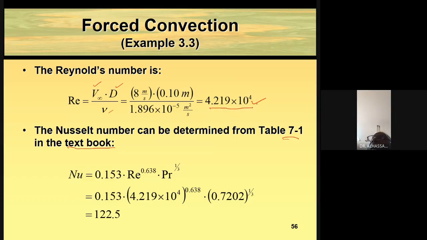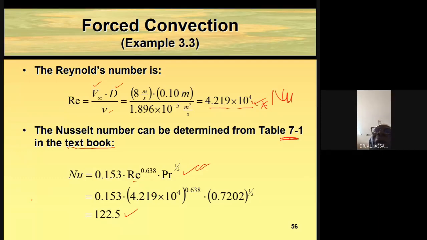Based on this Reynolds number, we need to find the appropriate Nusselt number. In this particular table, the appropriate Nusselt number is given by this equation. Now we know the Prandtl number and the Reynolds number, we substitute into the equation, then we get the value for Nu.